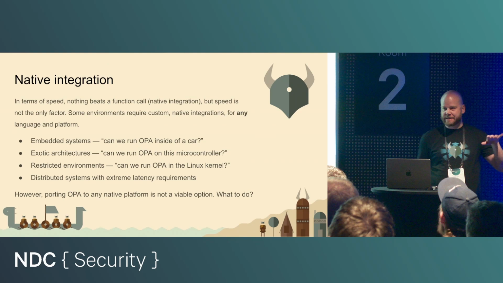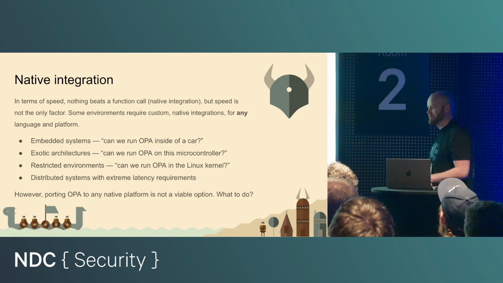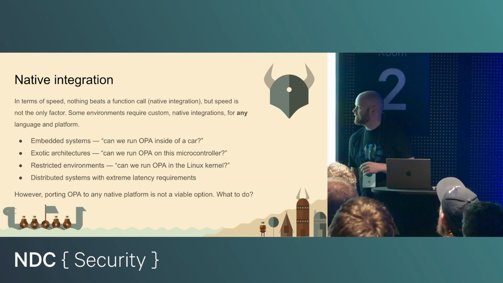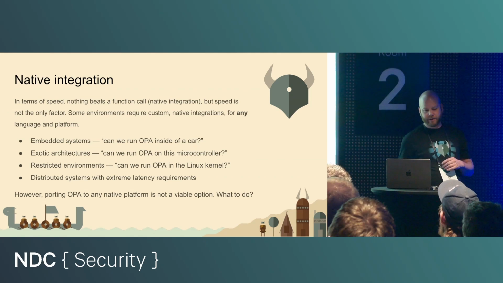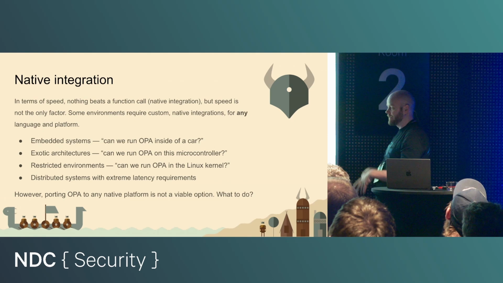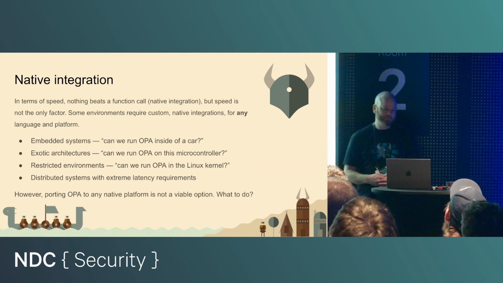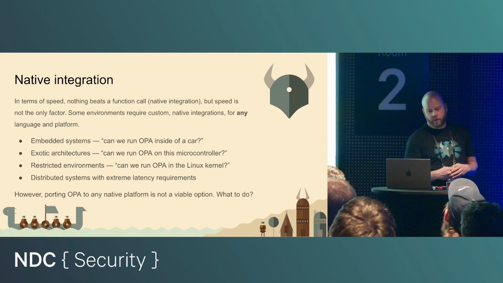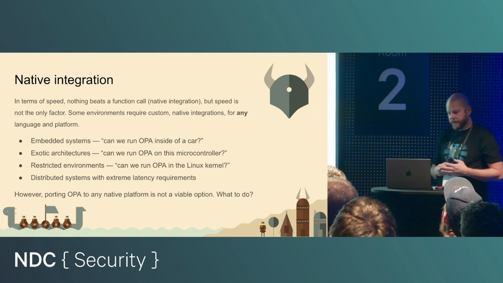But it was apparently not for the steering system. It was just something else. So I said, no, we probably can't do that. It's super limited what kind of architecture they have, very limited memory and so on. So no, we can probably not run OPA there today.